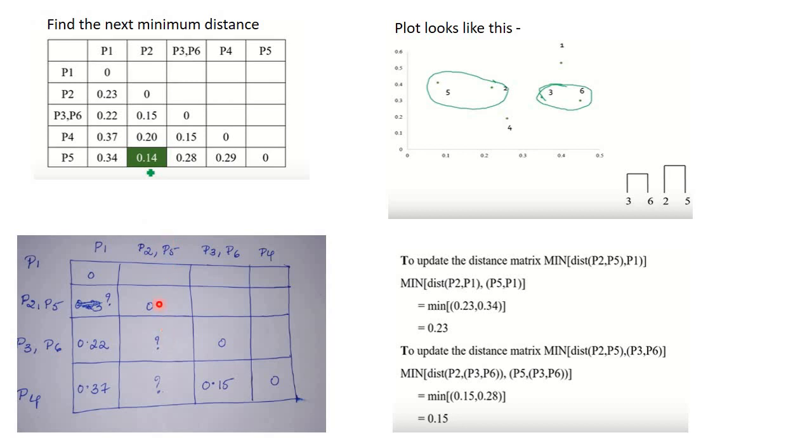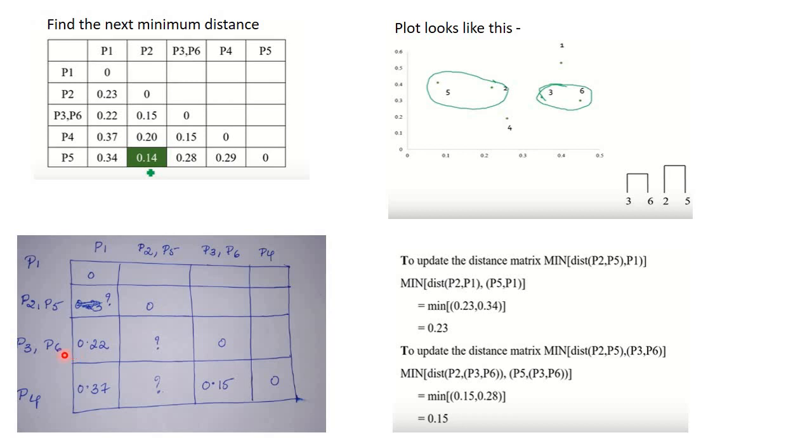Next, coming to this value here. P2 to P5, and I have P3, P6 here.